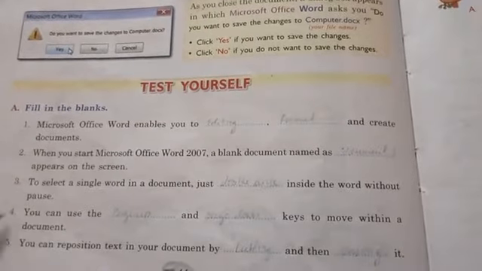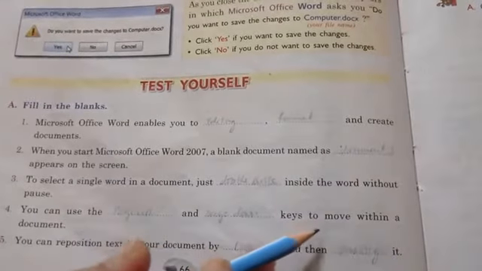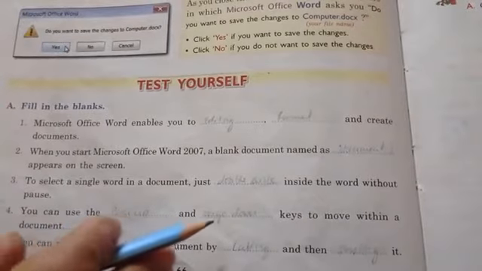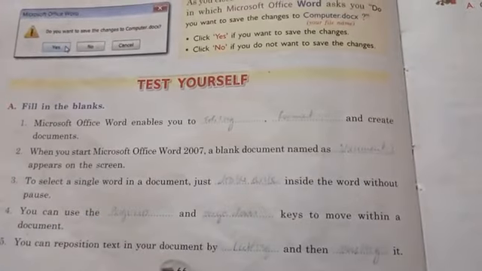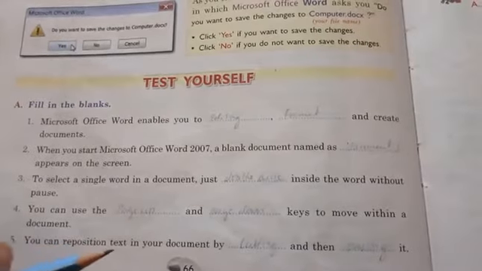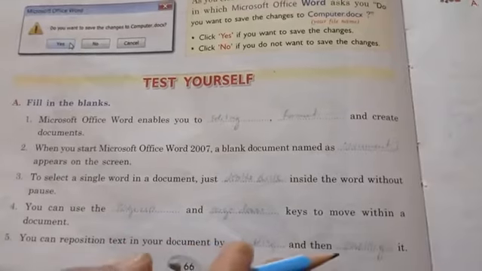Fourth, you can use the Page Up and Page Down keys to move within a document. Page Up and Page Down. Fifth, you can reposition text in your document by cutting and pasting it.